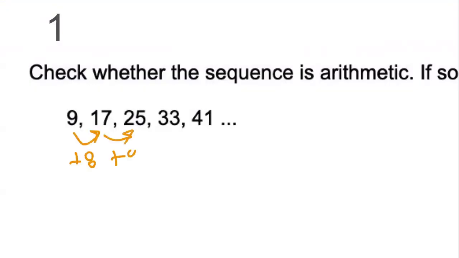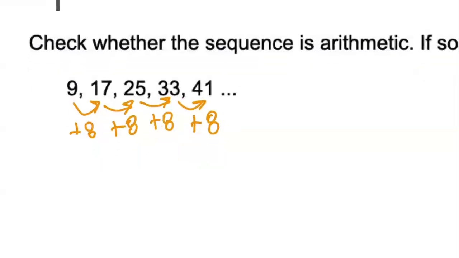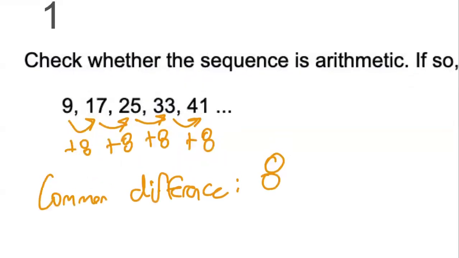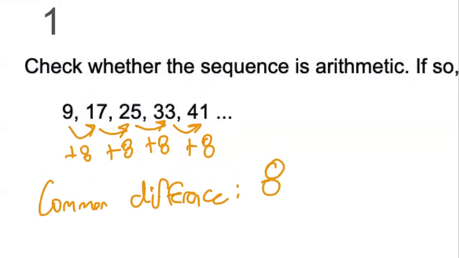You have to make sure that it adds 8 between all the given terms, because the moment one of them is not plus 8, then this is not an arithmetic sequence. In this case, they all go up by 8. So your answer is just 8. See? Pretty easy, not too bad. So that's your answer.